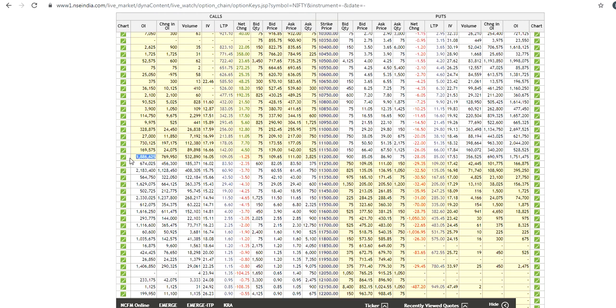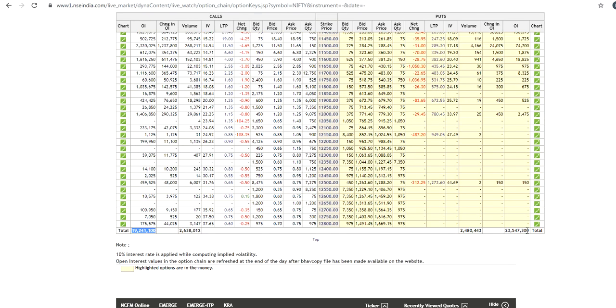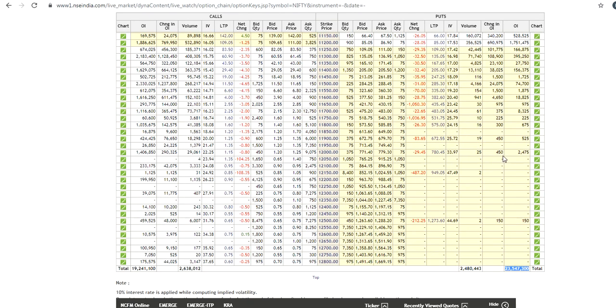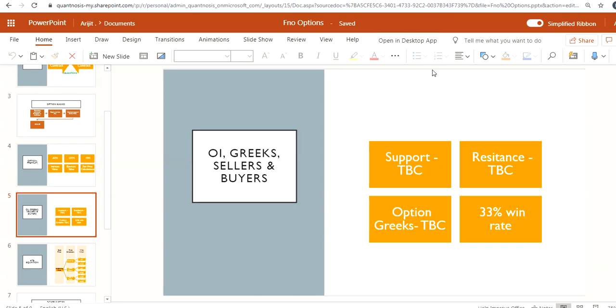This is call open interest and this is put open interest for that strike, and cumulative open interest for calls will be the sum of all open interest, which is the total. So that is total cumulative call open interest and total cumulative put open interest. As you can see, for options, the open interest is a little bit different than futures.